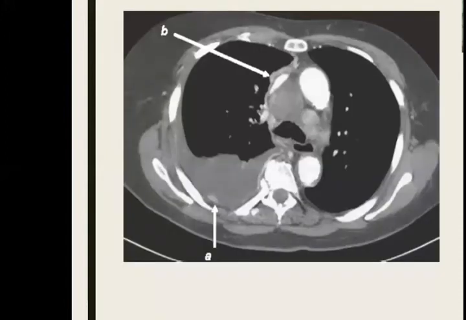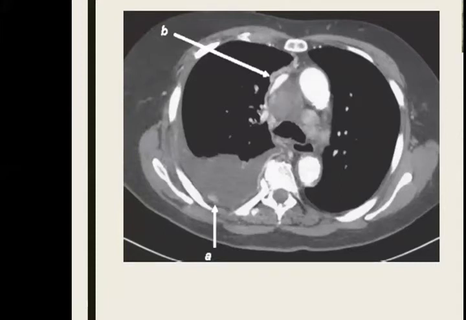Again, CT scan is even more sensitive than ultrasound in detecting pleural effusion. So a very small amount of pleural effusion, almost less than 100 ml, can be detected through ultrasound and CT scan. But CT scan has additional advantages: you can see the mediastinal structures, you can see the lung which is underneath it, and it is even more sensitive than an ultrasound.